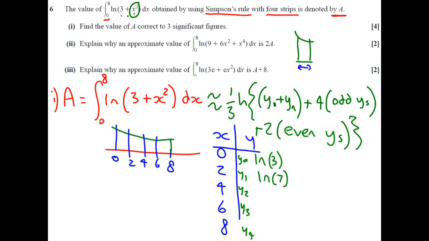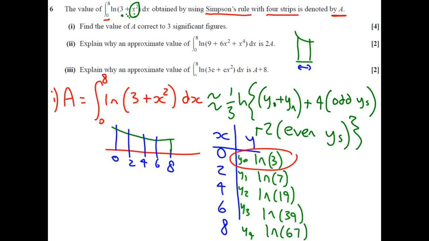For 4, it's going to be 3 plus 16, so ln of 19. For y3, it's going to be 3 plus 6 squared, so ln of 39. For y4, it's going to be 3 plus 8 squared, so 3 plus 64, ln of 67. So we've got all our values.